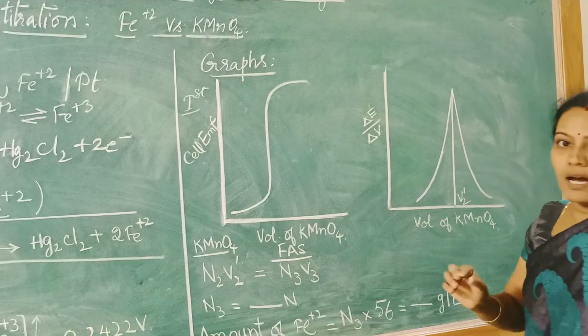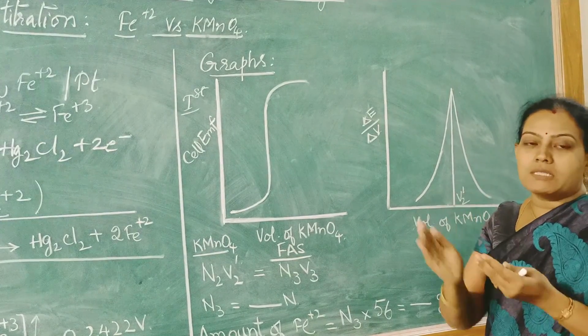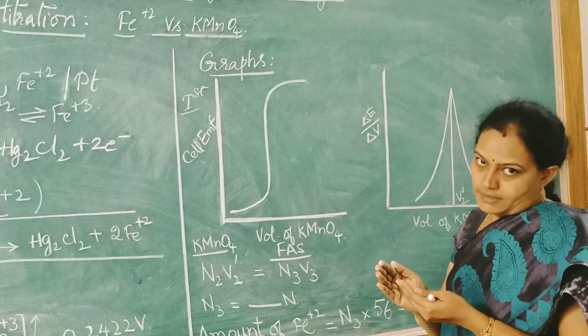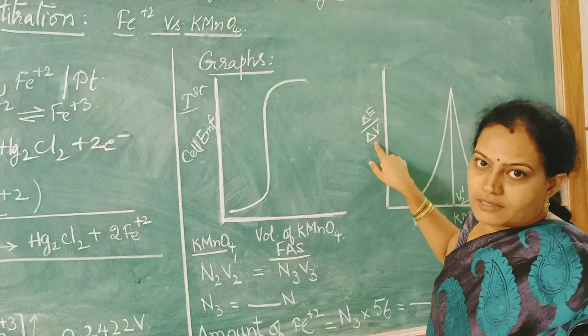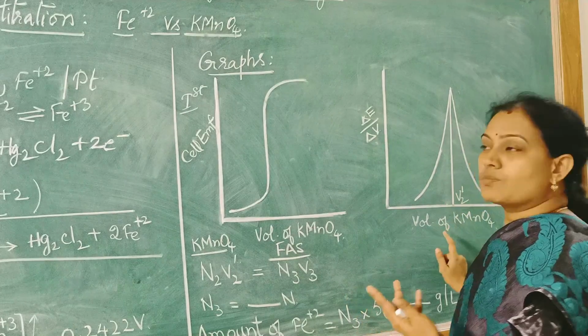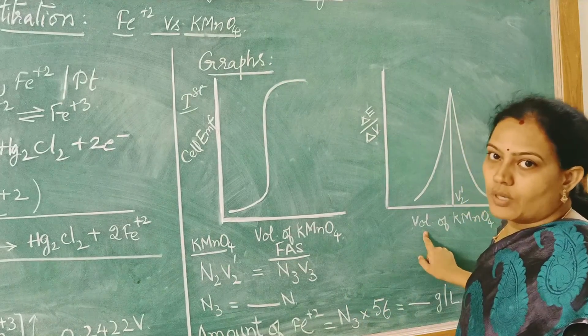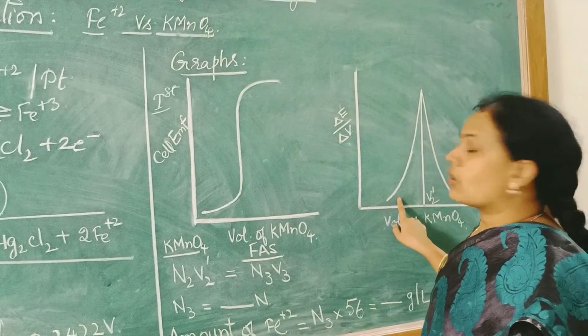We have a closer watch with 0.2 ml of KMnO4 added. With that, we again calculate delta E by delta V values against the volumes of KMnO4 taken in 0.2 ml lots, and then we plot the graph.